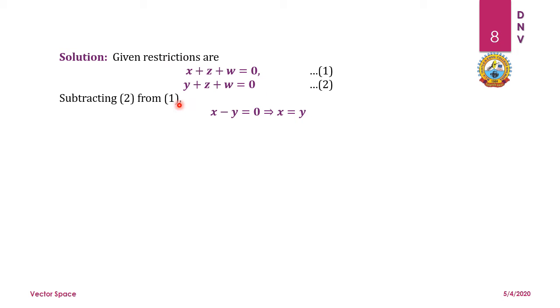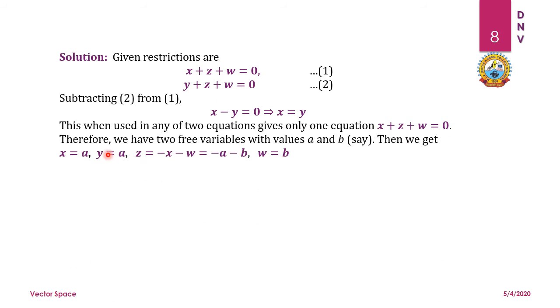So these 2 conditions give me X equal to Y, and that is a straight line as an intersection of these 2 planes. So all those points must lie on the intersection of these 2 planes. When this is used in either of the 2 equations, that is X equal to Y, we always get only one equation, X plus Z plus W equal to 0.